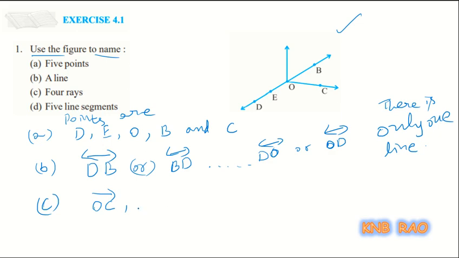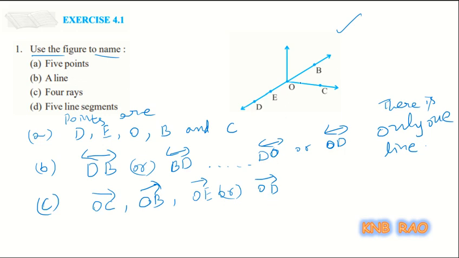I say ray OB is also possible, with O as the initial point. Ray OE is also possible with the initial point O, or ray OE can also be named as ray OD, that is also possible.